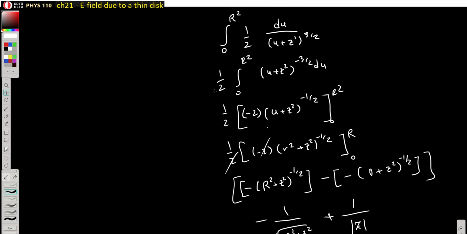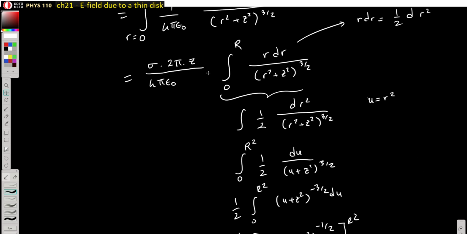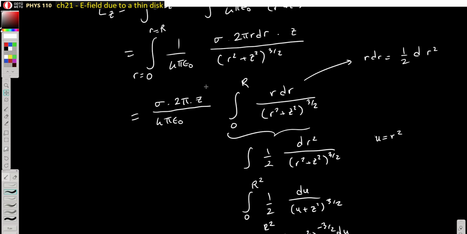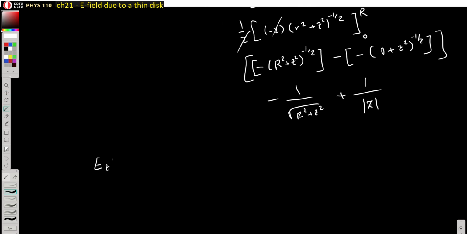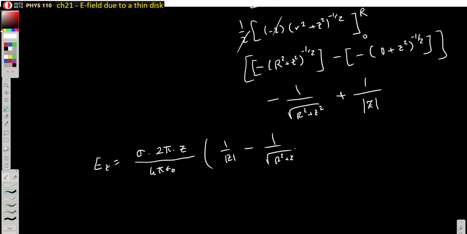So let's go back to the expression in here. So that's easy. So let's just remember this. So Ez is equal to sigma times 2 pi times z divided by 4 pi epsilon 0. And then I have an expression which is 1 over the absolute value of z minus 1 over the square root of r squared plus z squared.